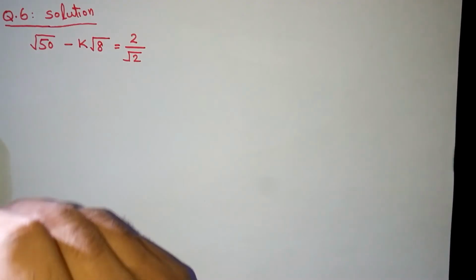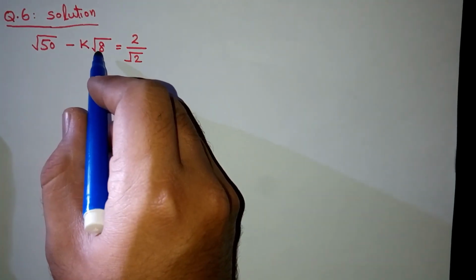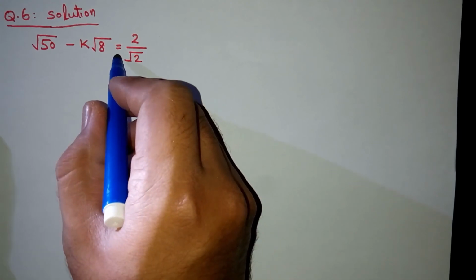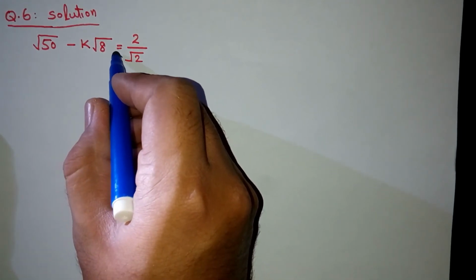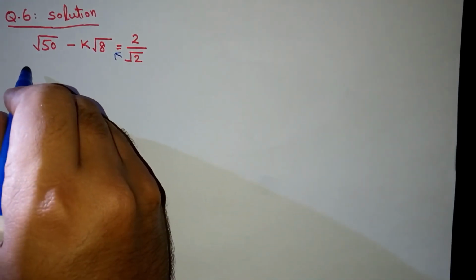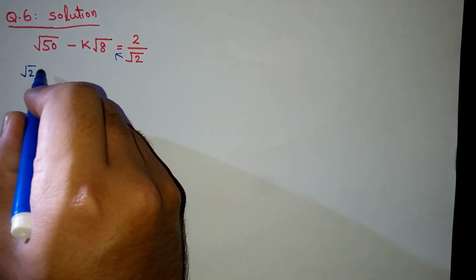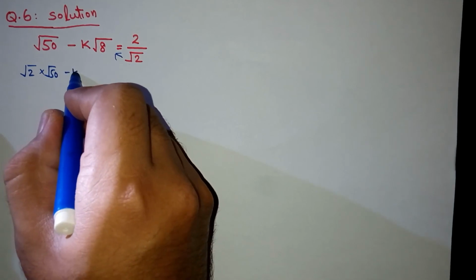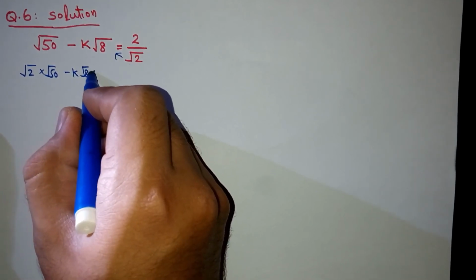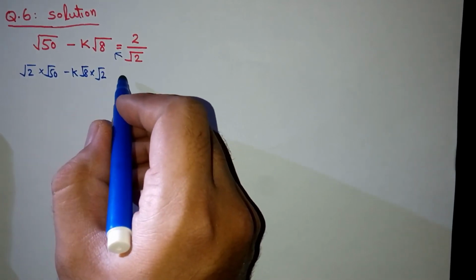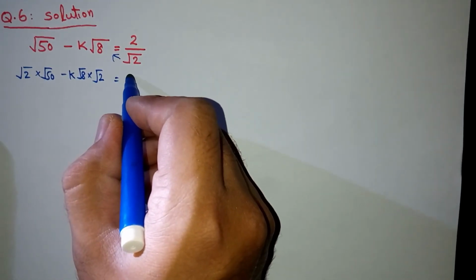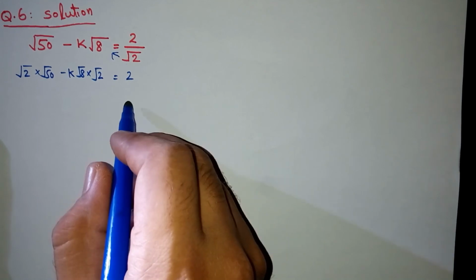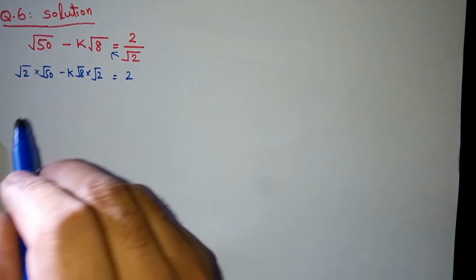Number 6 is square root 50 minus k square root 8 equals 2 divided by square root 2. So this square root 2 will multiply on this side. Square root 2 times square root 50 minus k square root 8 times square root 2 equals 2, because square root 2 divided by square root 2 cancel each other.